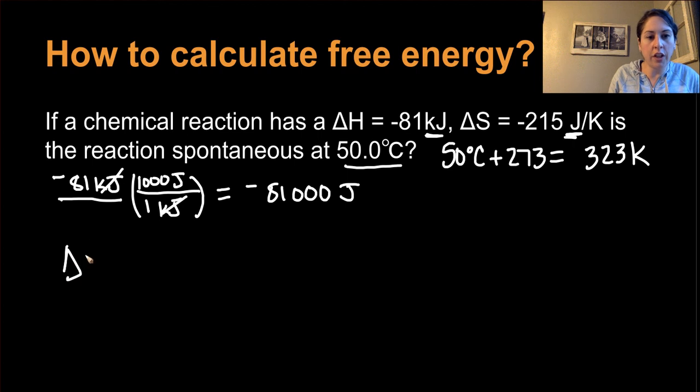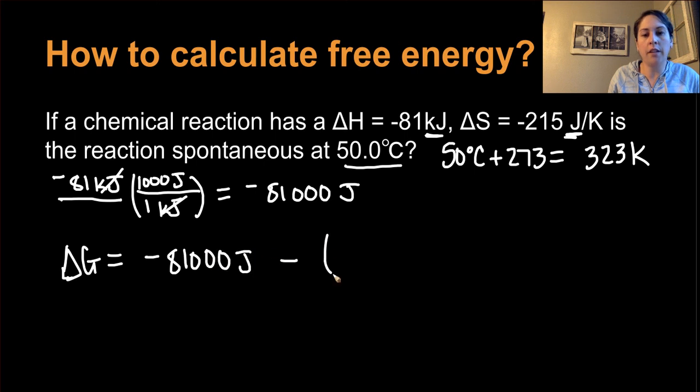So for delta G, I plug in my negative 81,000 for my delta H, so negative 81,000 joules minus the temperature of 323 Kelvin times the negative 215 joules per Kelvin.